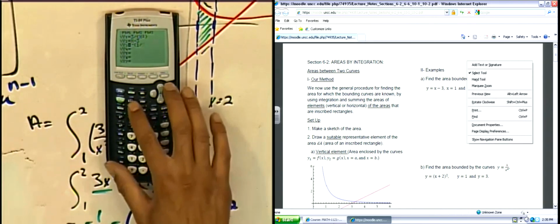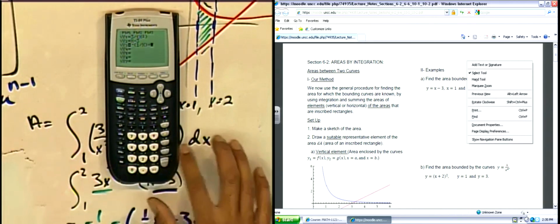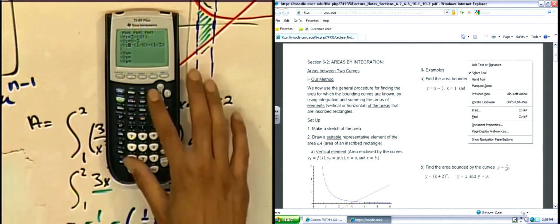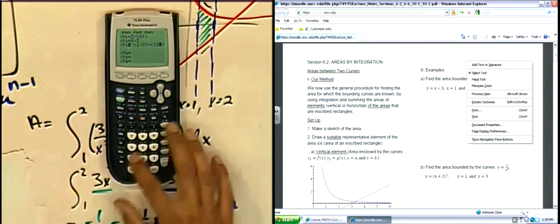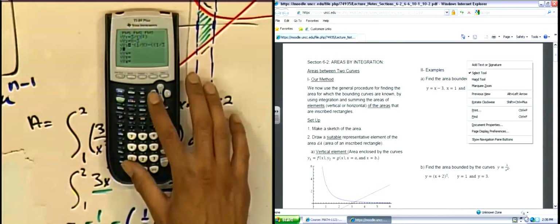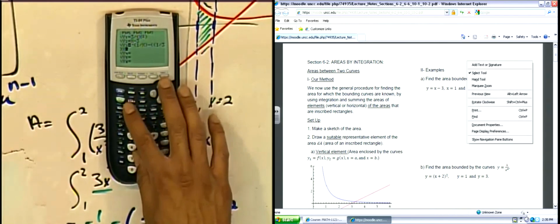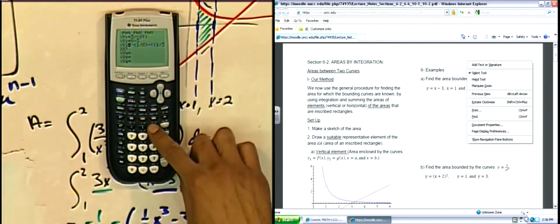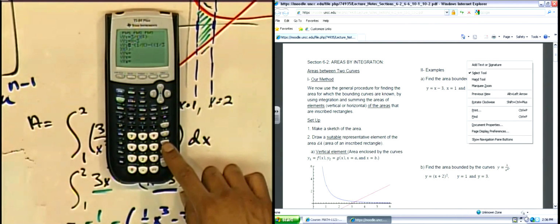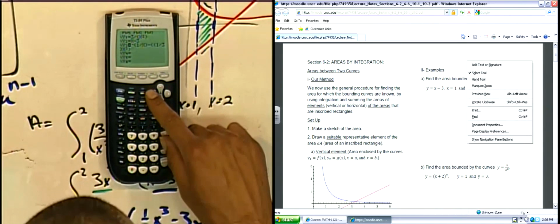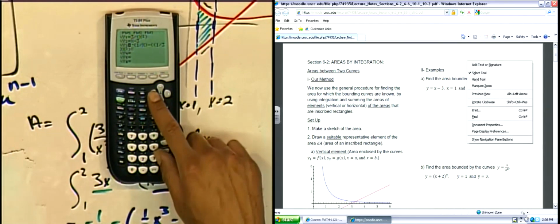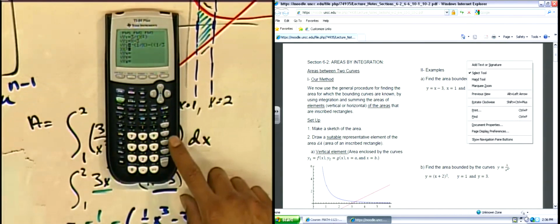Negative 1 divided by x minus 1 over 3 x cubed minus 3x.